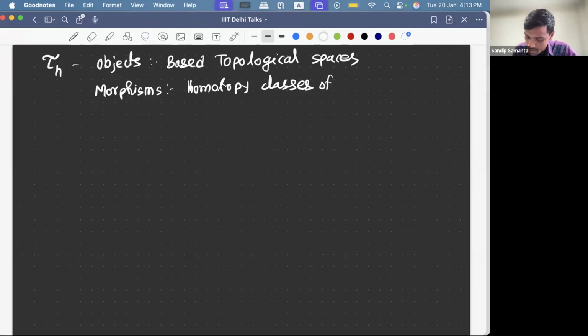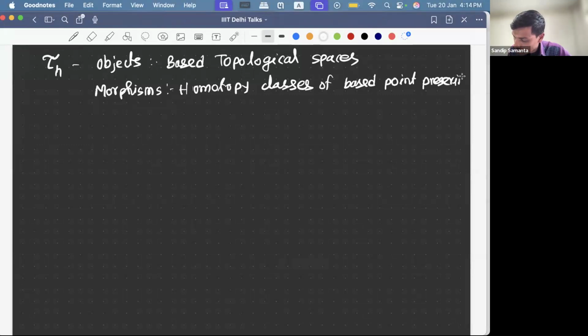Okay, and the morphisms are homotopy classes of those base point preserving continuous maps.